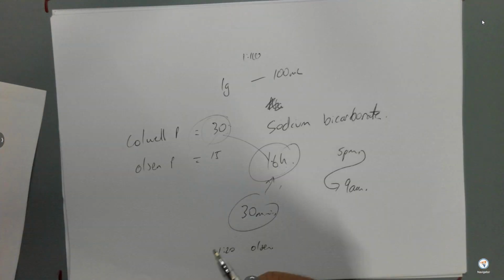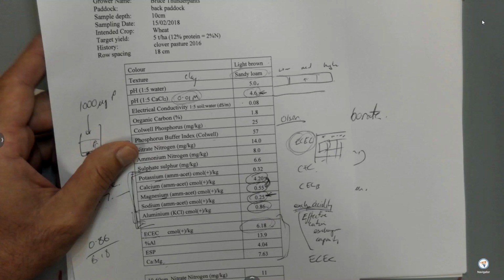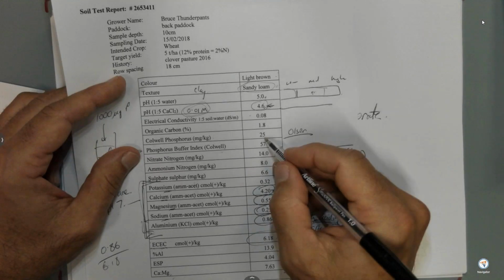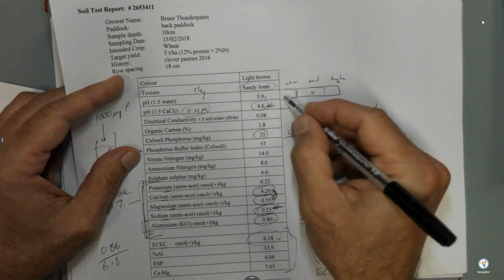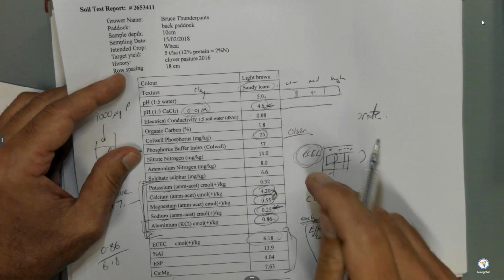Now, people will say, that's fine, Jason, but is this an adequate number? Where does this fit in our low, medium, and high?